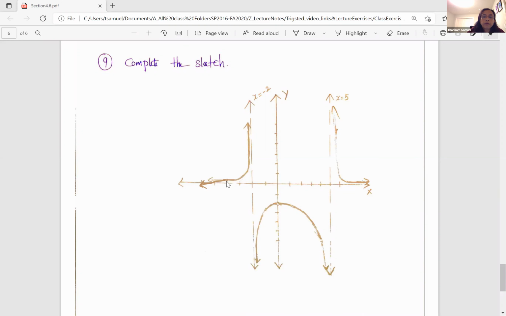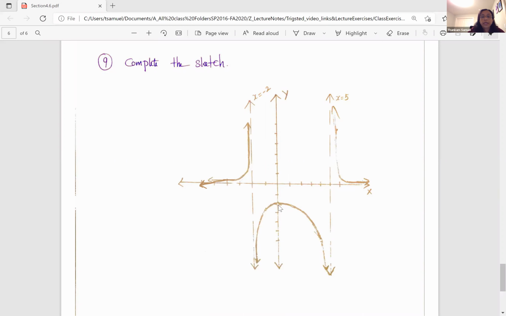And you know that this is the x-intercept, so the graph passes through this point. And remember, the graph never intersects a vertical asymptote, but it may intersect the horizontal asymptote. So one part of the graph looks like this. And we know that there is no y-axis or origin symmetry, and the graph passes through the y-intercept.